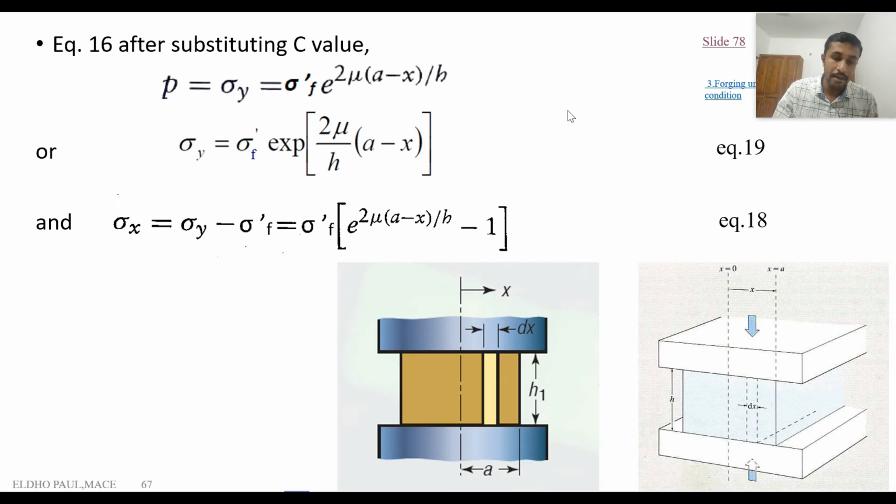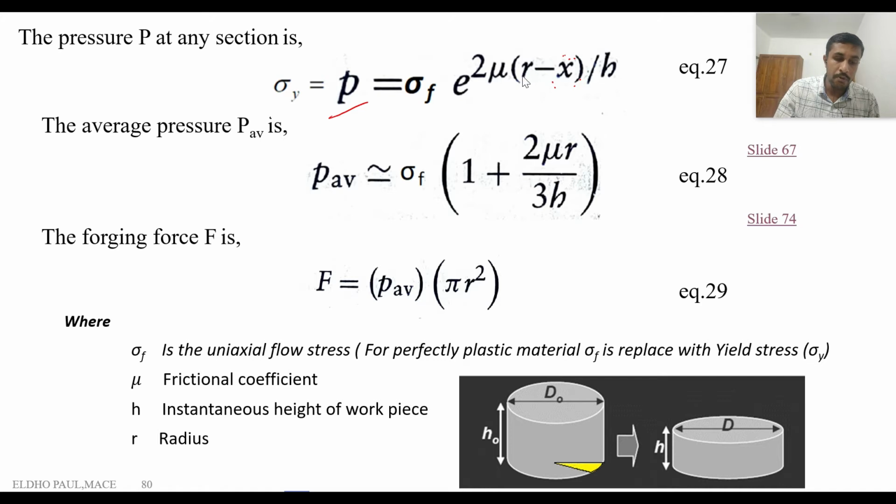When we compare the equation, we can see here P is equal to sigma dash f into 2 mu (a minus x) by h. In this equation, 2 mu (r minus x) by h. The only difference is that here, instead of r, in the rectangular element we use the term a.